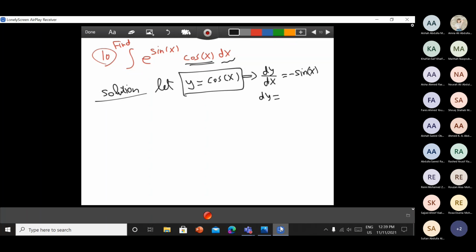So dy will equal minus sine x multiplied by dx. I will get rid of this one, but I have a problem with the dx. So this is the wrong substitution.